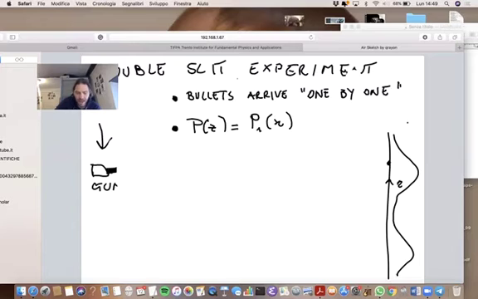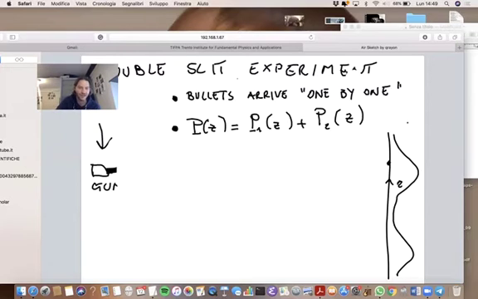The probability that I have when only hole one is open as a function of z, plus the probability that I have when only hole two is open. And when both are open, the resulting probability is just the sum of these two probabilities.